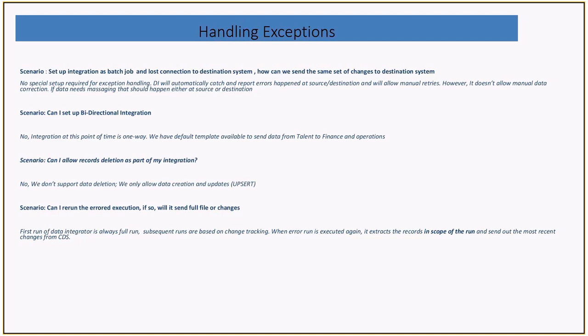And then at this point in time, Data Integrator will know where it stopped and which version number for each entity needs to continue for the next integration. So the next time Data Integrator runs, it will pick only the deltas. So if you had any failures and you try to rerun that execution, Data Integrator will know how to pull those specific change sets and the scope of that run, and it will send the most recent data from source.